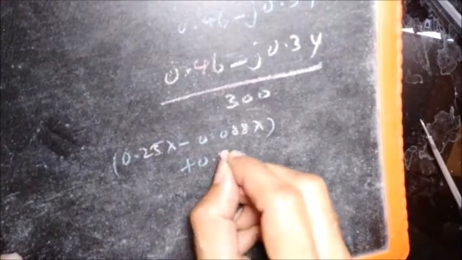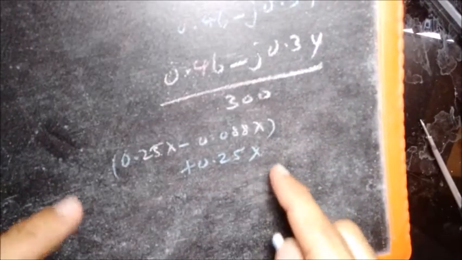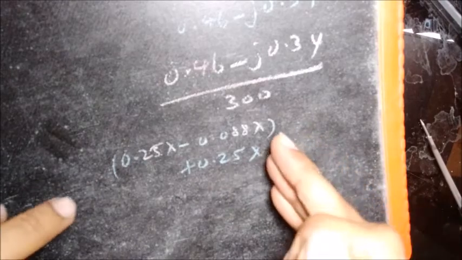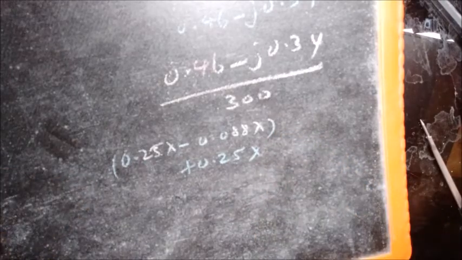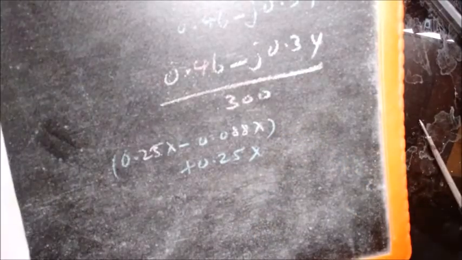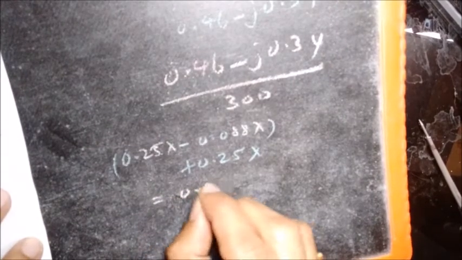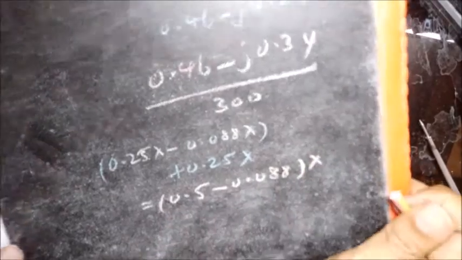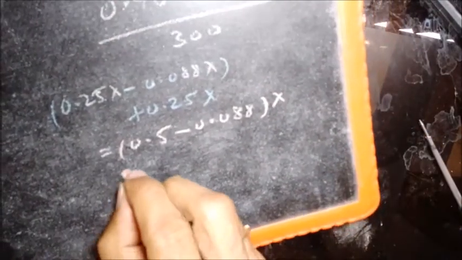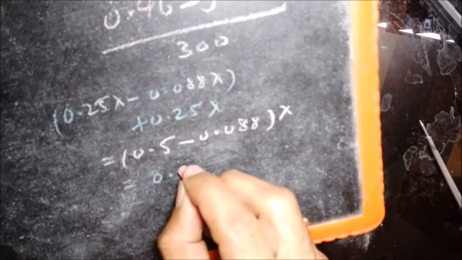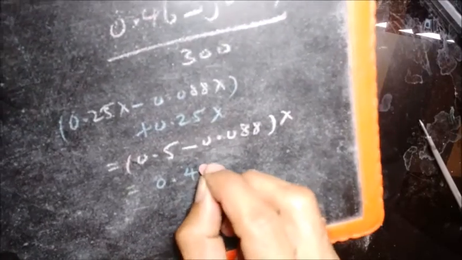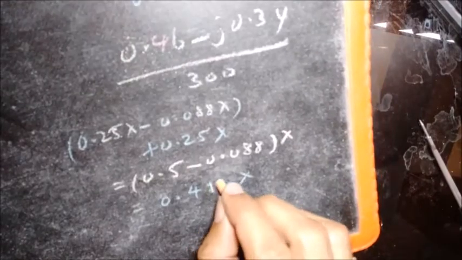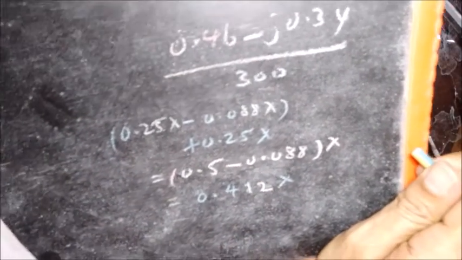So plus 0.25 lambda. This is the position from the load where you will get the first R min, that means the first E min. And that will be 0.5 minus 0.088 lambda, and it can be calculated and shown to be 0.412 lambda.